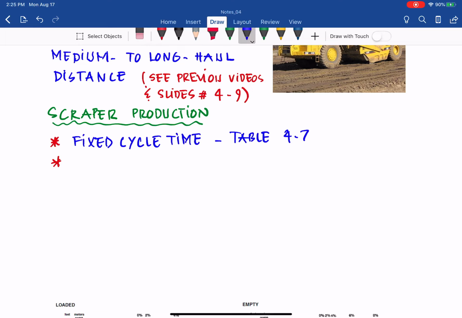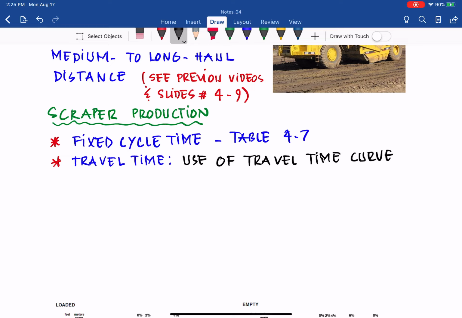For travel time, depending on the information given in the problem, we can use the travel time curve, or we can use the average speed method, something we did before.